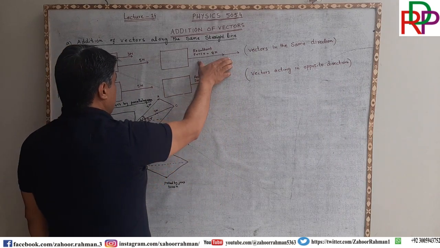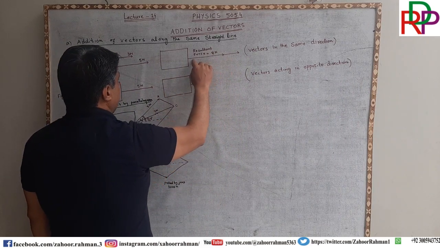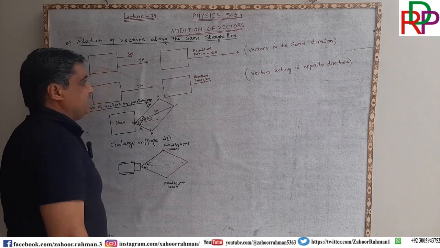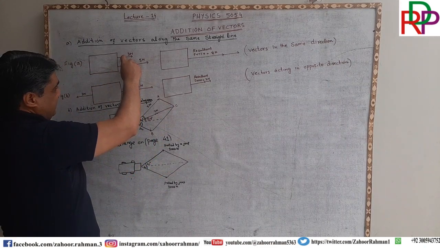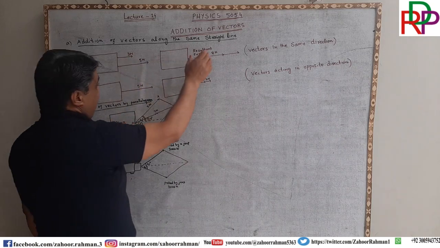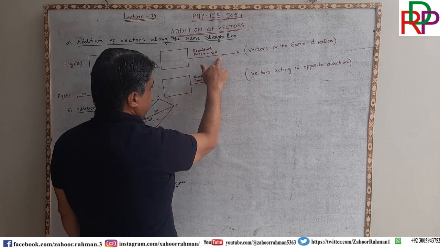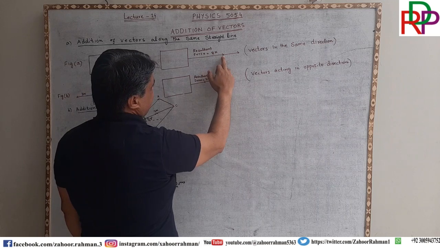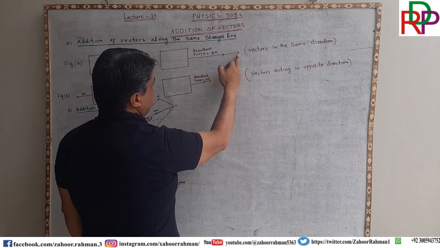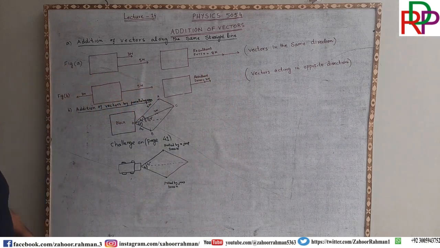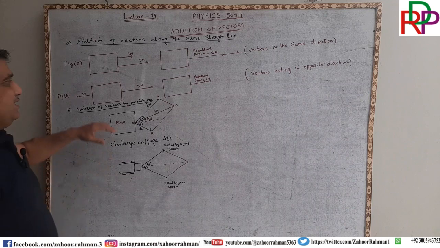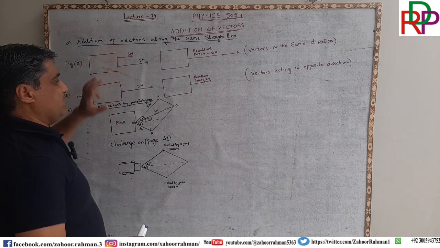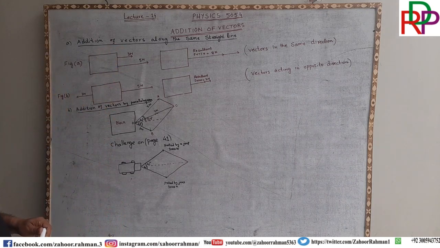This is known as a line which represents the overall effect of these two vectors. It is also called a resultant vector, and the resultant vector is always denoted by a double headed arrow, which shows the overall effect of the two vectors which are to be added.